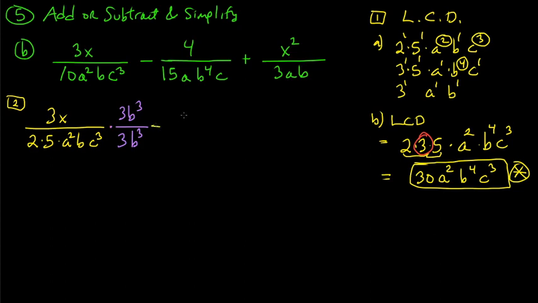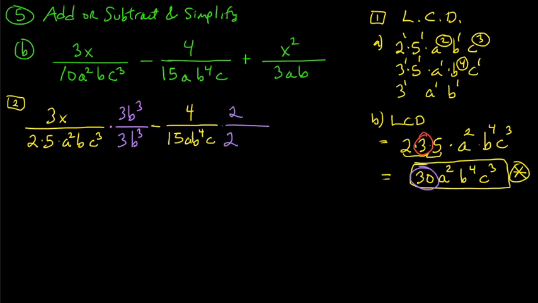Okay. Minus, and I hope I don't run out of room here. I'll try to squeeze this in. 15ab to the 4th c in the denominator, right? So what are we missing here? Well, I didn't write it as 3 times 5, right? But it's 15 and we need 30. So 15 times 2 is 30.